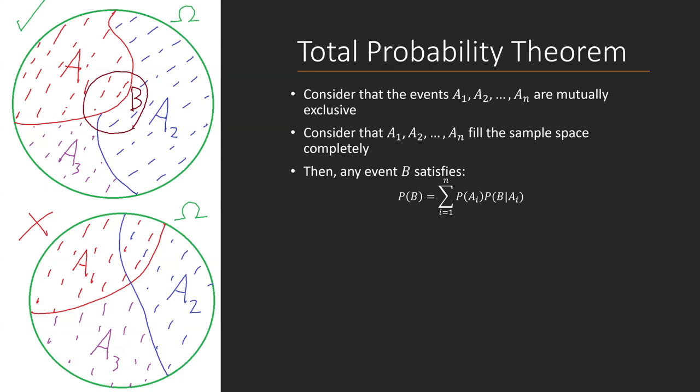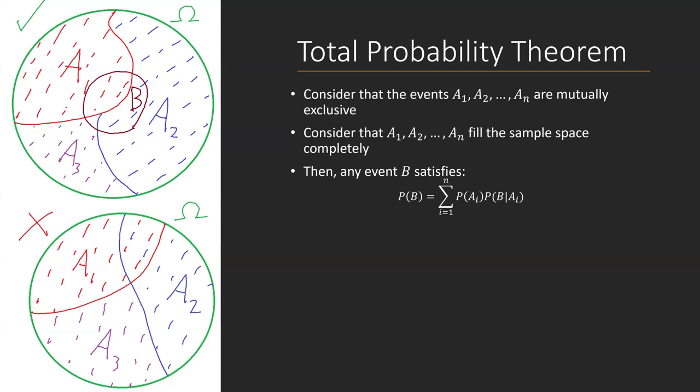As you can see in the text here, we're considering multiple events, and we're considering that these events are mutually exclusive. So what does mutually exclusive mean? As you can see in this beautiful illustration on the left, we have 2 different scenarios. In the top scenario, the events A1, A2, and A3 are all mutually exclusive since there's no overlap between these events.